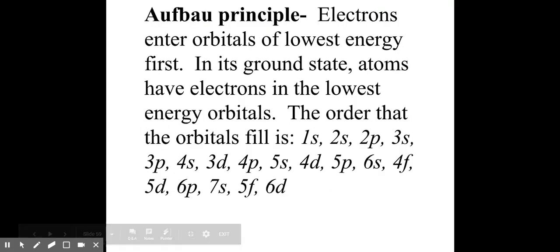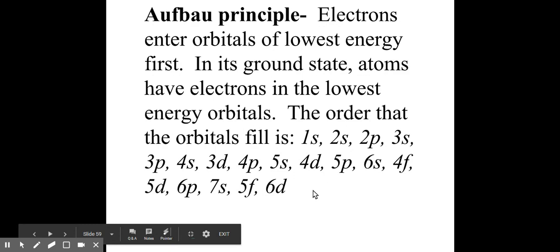Now the Aufbau principle comes from the German word Aufbau, which means to build, and it says that electrons enter orbitals at the lowest energy first. In its ground state, an atom has electrons in the lowest energy orbitals. The order that the orbitals fill is 1s, 2s, 2p, 3s, and so on.